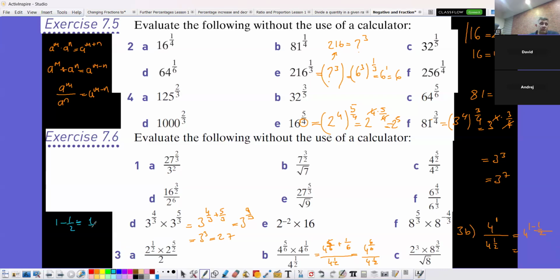1 minus 1 over 2. We are going to make the denominator the same. This is 2, this is 1.